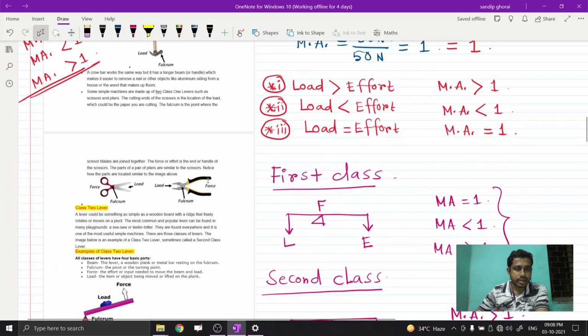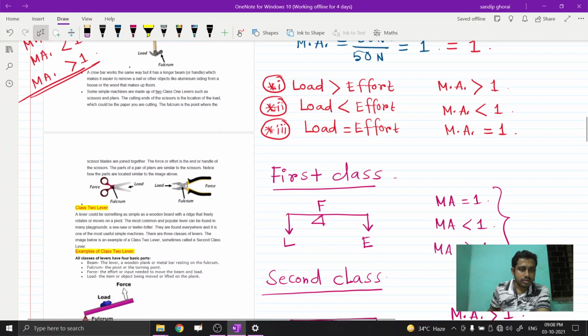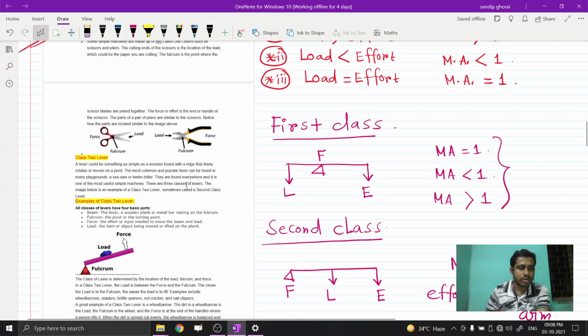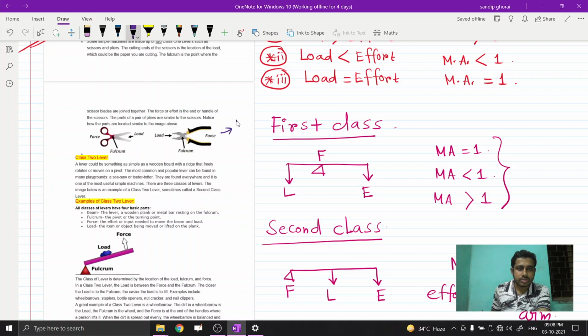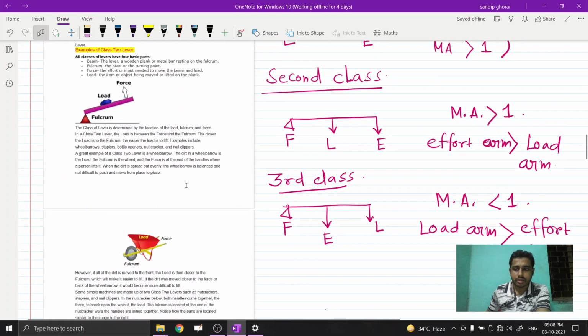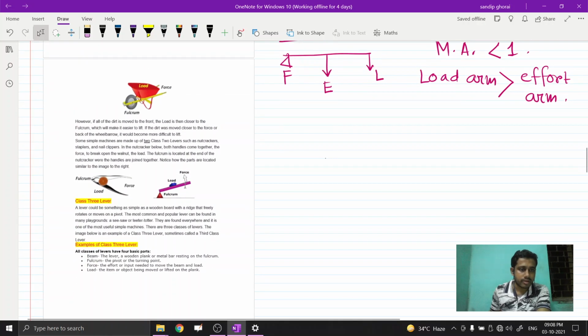We also take different types of examples. This is the example of first class, like a seesaw. This is a first class lever. If we take second class, then we get this type of example.